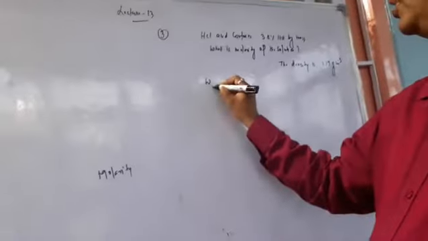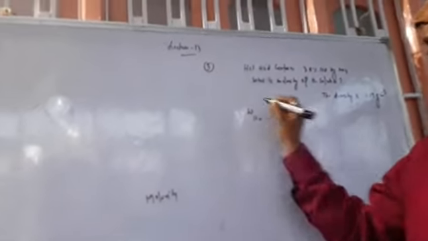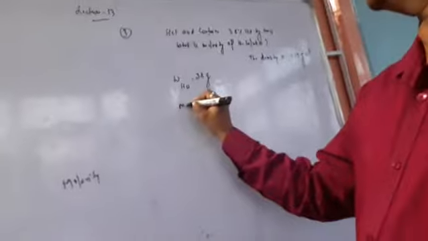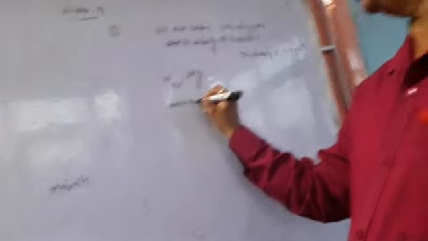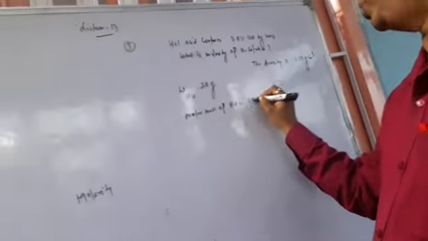Weight of HCl is 38 gram, expressed in gram. Molar mass of HCl is 1 plus 35.5, that is 36.5 gram per mole.